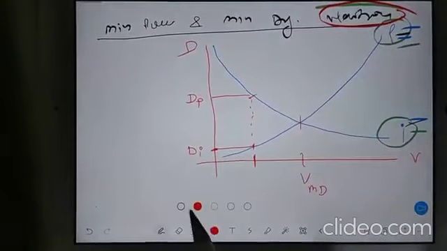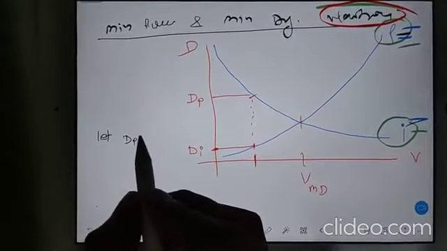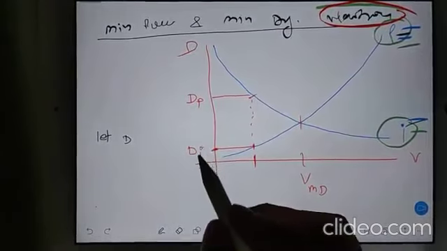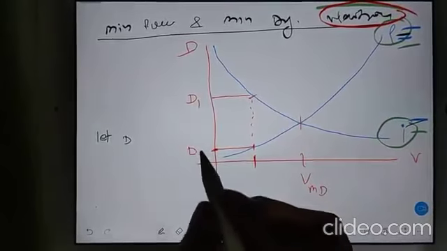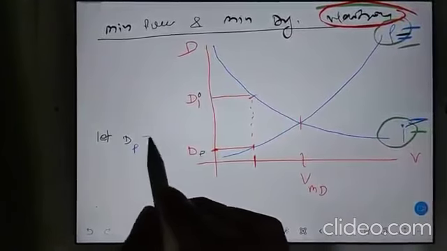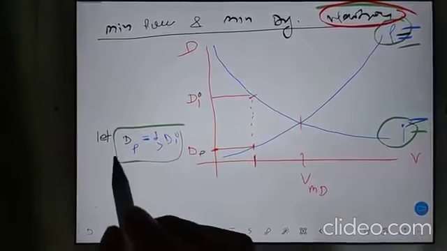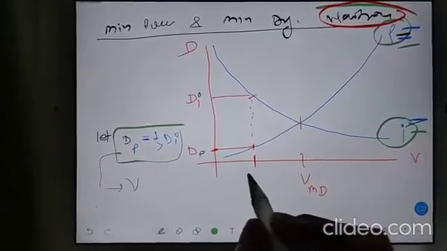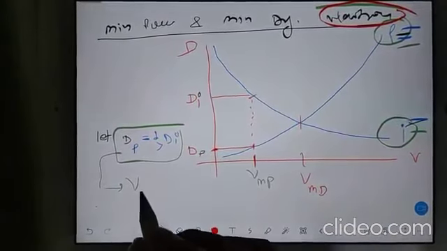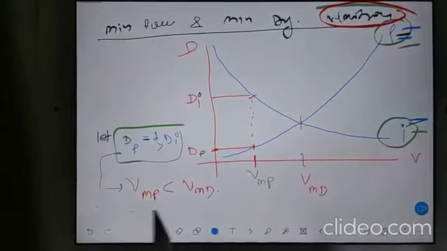Actually I said it wrong here, this should be p and this should be I. So this dp is equal to 1/3 of di. At this condition, whatever your velocity is, that velocity is v minimum power. I am trying to say that your minimum power velocity is actually less than the minimum drag velocity. That is the key point here.